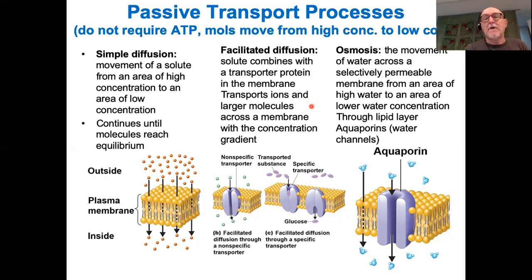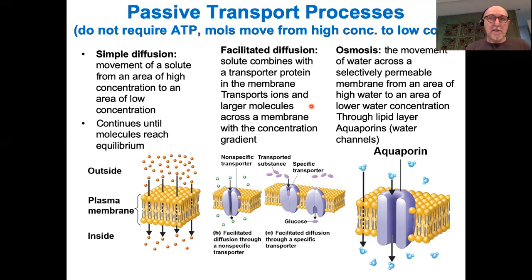So the regulation of what passes back and forth is the responsibility of the proteins. The first kind of control that we're going to see involves proteins which allow essentially free passage of molecules without expending any energy.